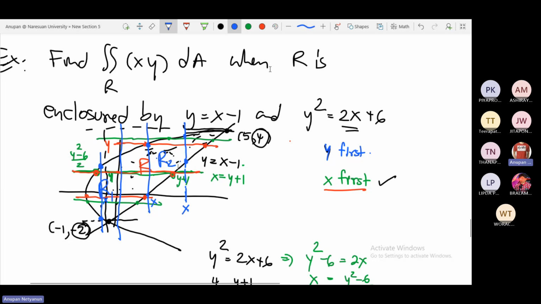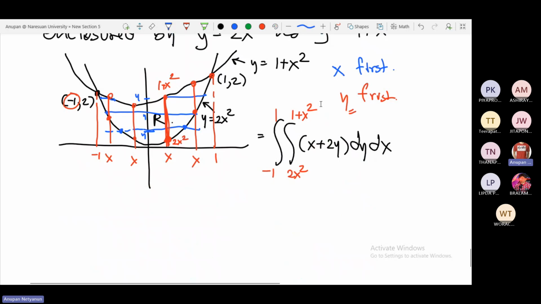Now let me show you this one again. If I do the integration with respect to y first, x is a constant, right? If you look at any particular constant x and draw the vertical line, you can see that the top point is the point on the wider parabola, and the lower point is a point on the narrower parabola.